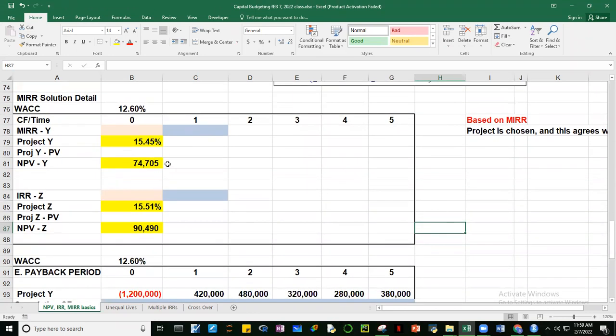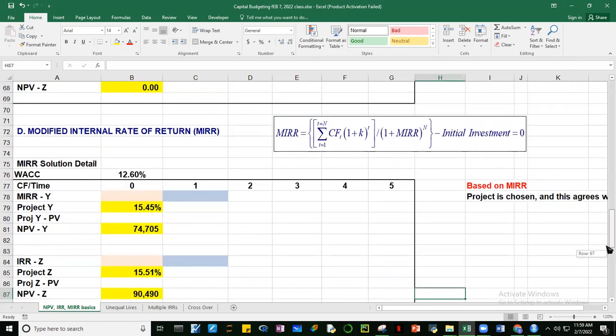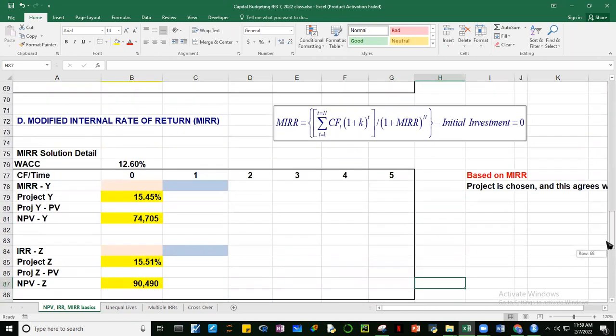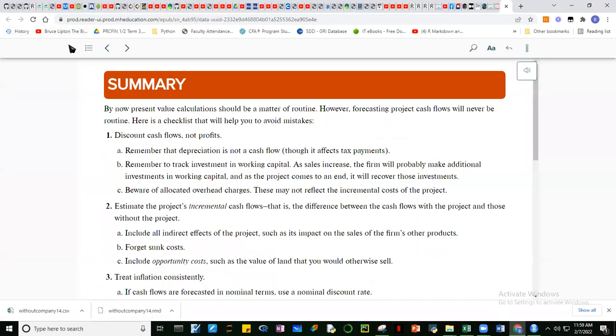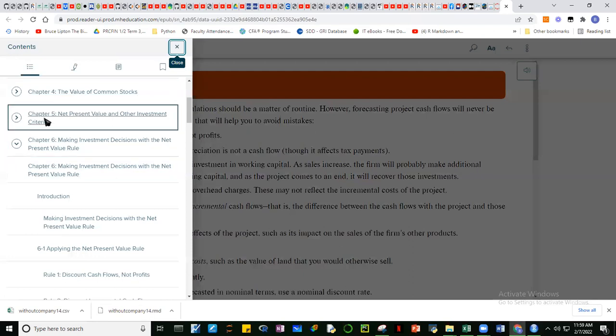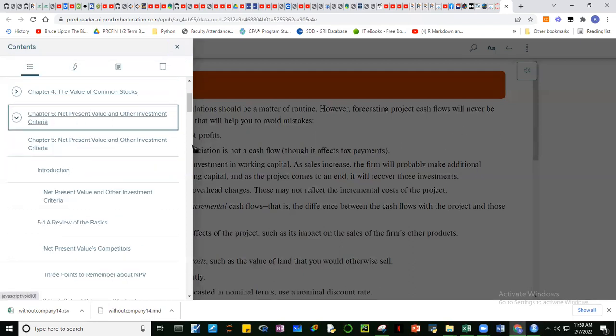Okay, when you have a situation like this where the IRR gives a different result, it means guys na may crossover to. I don't know if you recall the crossover na sinabi ko kanina. Ito yung crossover. No? Let me just flash that.